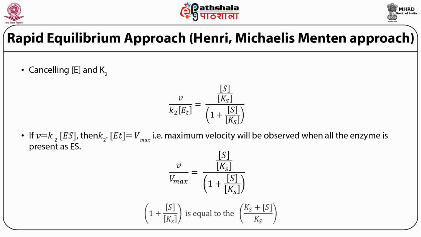If you solve the 1 plus S upon Ks, it is going to be equal to Ks plus substrate concentration divided by Ks.